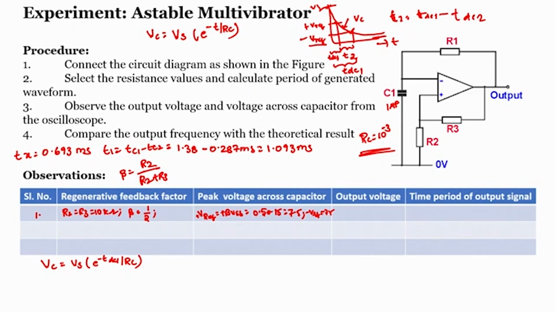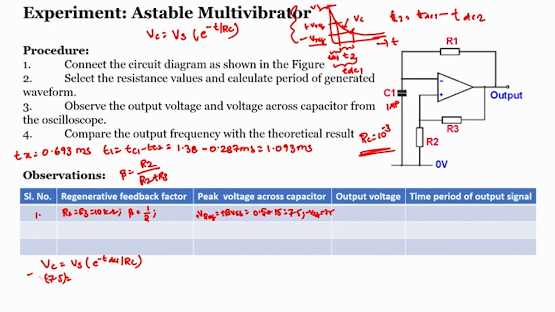Minus V reference is minus 7.5. I want to know the voltage across the capacitor.